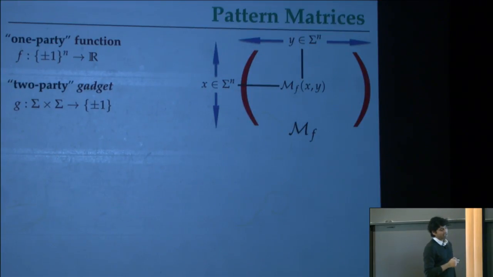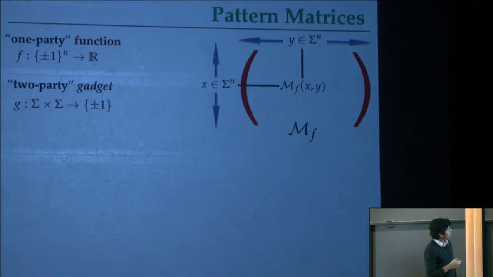By one party, I'm referring to communication complexity nomenclature: it's a single party function, and there is no communication going on in this context. You can make a communication game out of this function by introducing a two-party gadget.